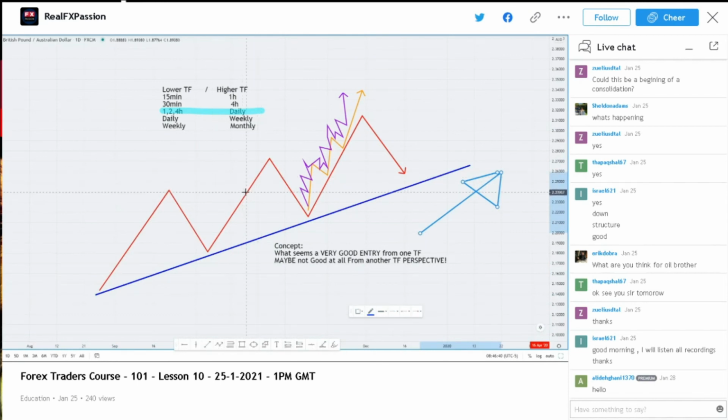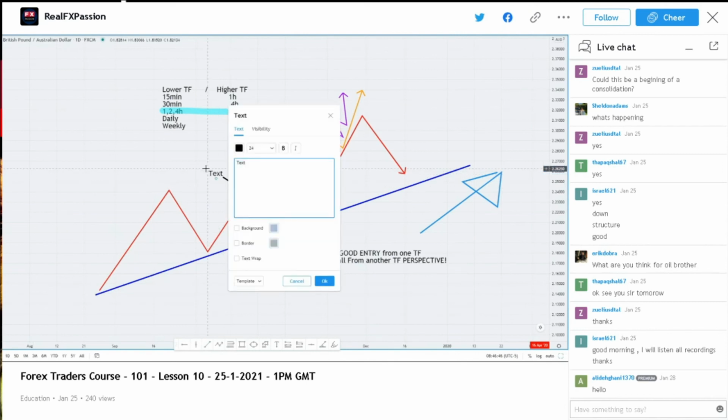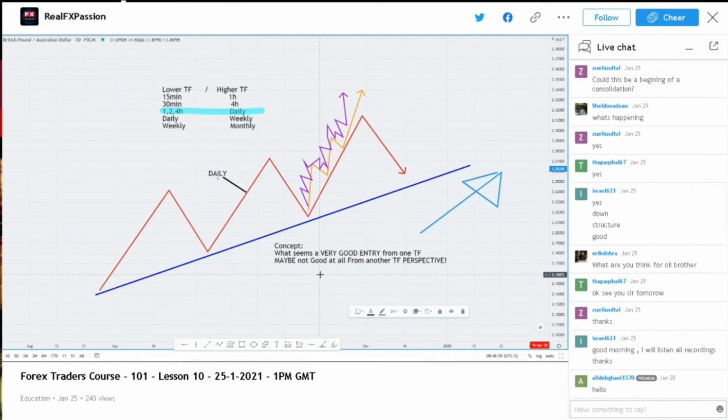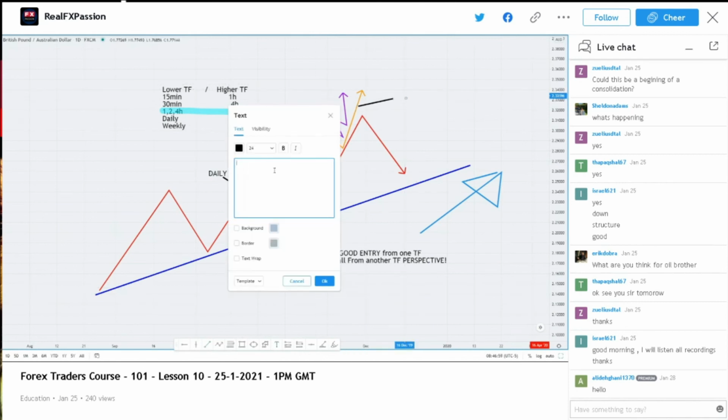So this is the daily. The orange is the 4-hour market wave.